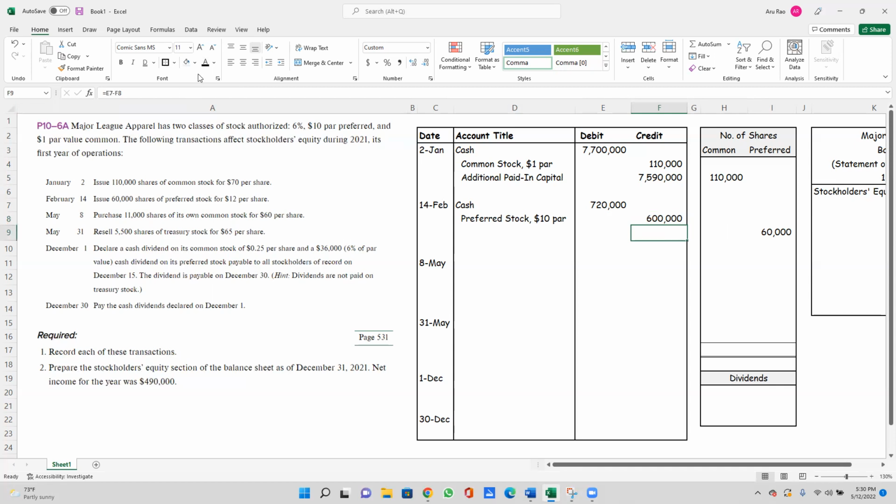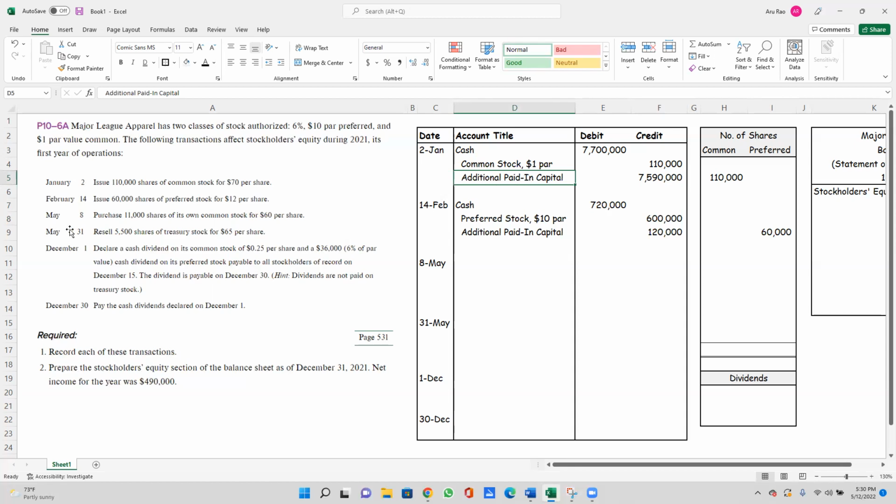Now the extra money, the $2 per share extra I got, again goes into additional paid in capital, just like we did for common stock. It's additional money that these stockholders gave. I said the minimum is $10 per share and they gave me $12. Here I said it's $1 per share and I actually got $70 per share.